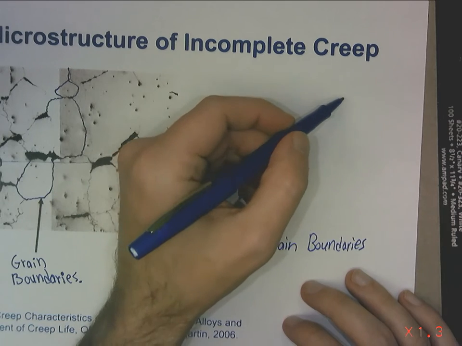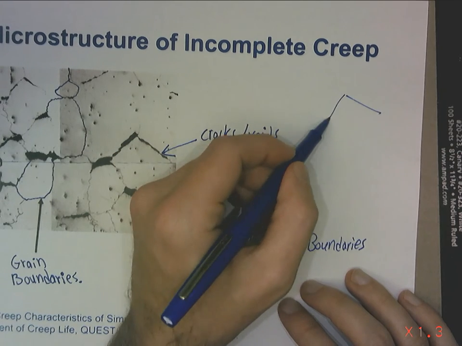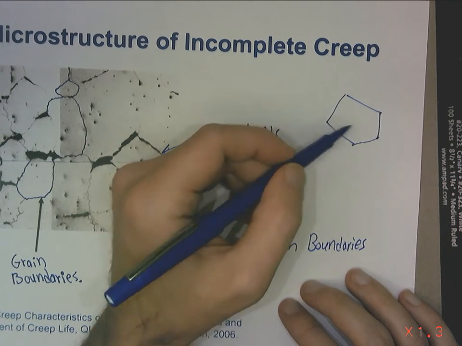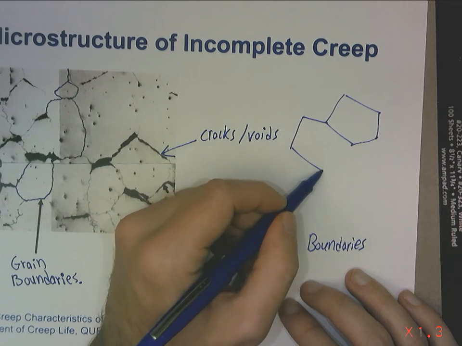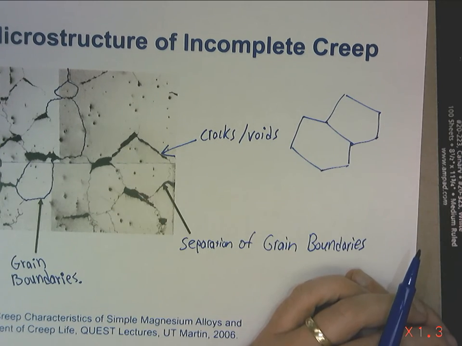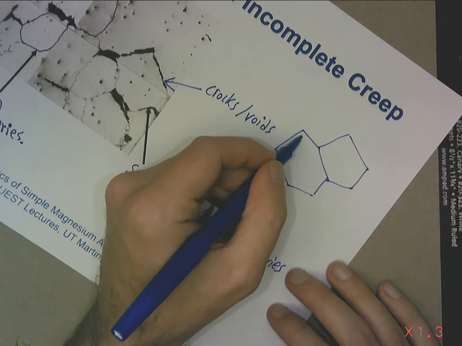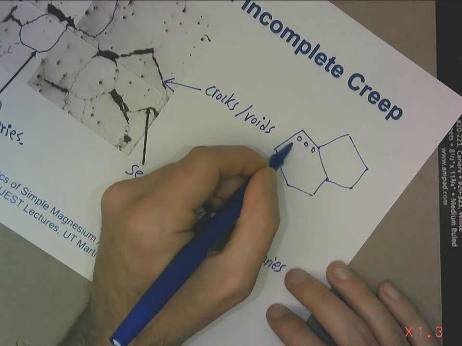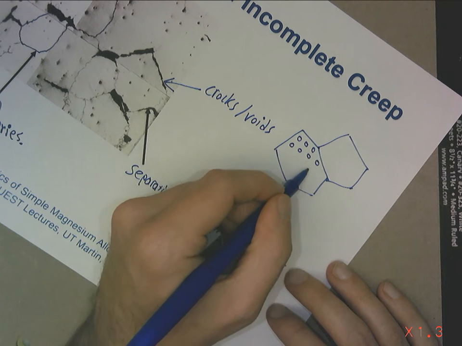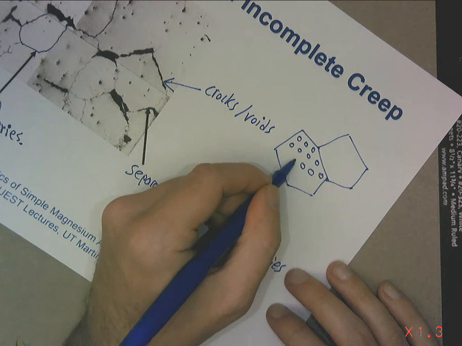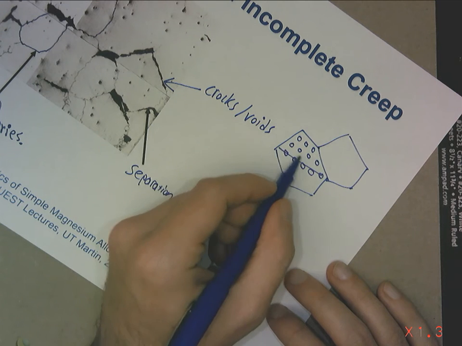So in our microstructure, there are two grains. Remember I've talked about how they'll have different crystal orientations.